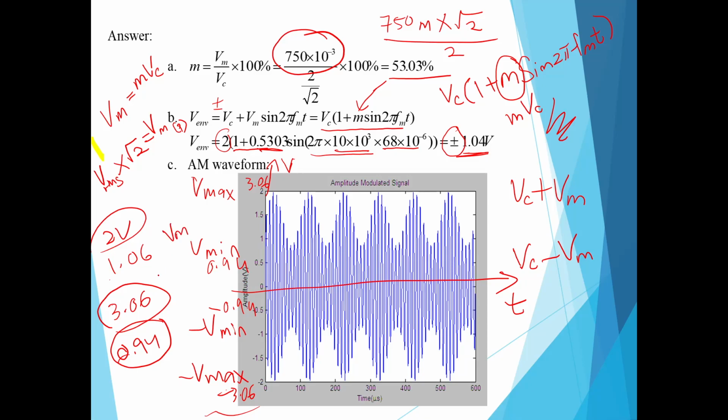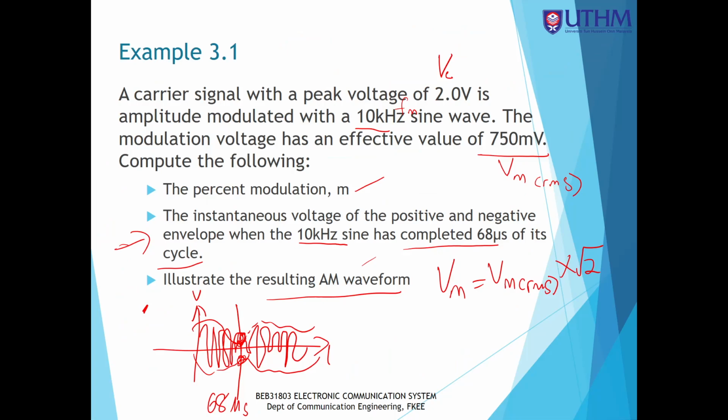Peak value for the VM. And this is a peak value for the VC. If you see from the question, this is peak for the carrier and you are given the effective value, which is the RMS value for the VM. You are given the VM RMS. But in the calculation, kita perlu gunakan peak amplitude.